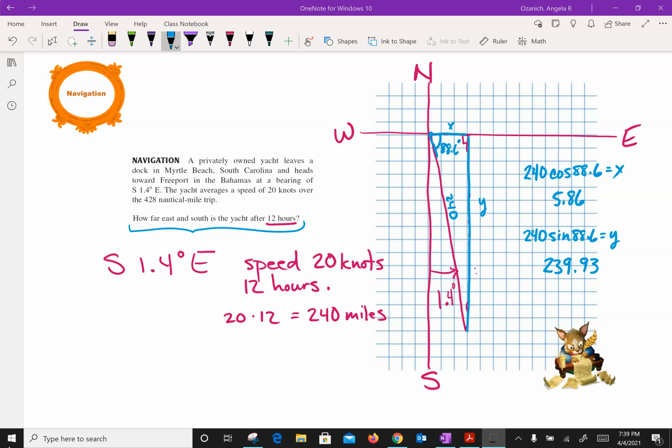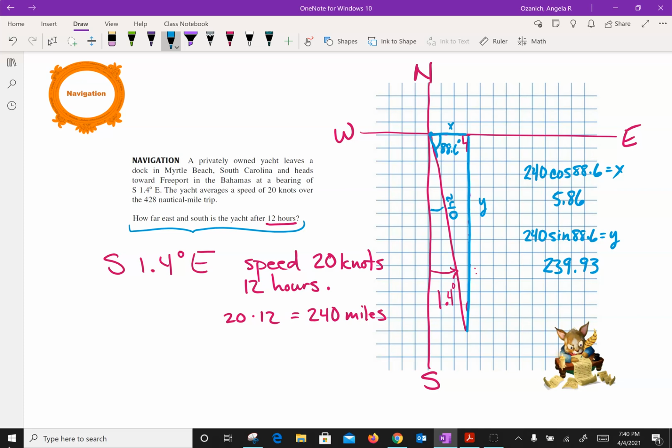Magic, and just like that, I've been busy calculating distances east and distances south. So you can see that I used my 88.6 here. Now you could switch things up and use your 1.4 degree angle that is right here, and create your triangle a little bit differently. So just be careful that you're being mindful of how you report your answer on this.